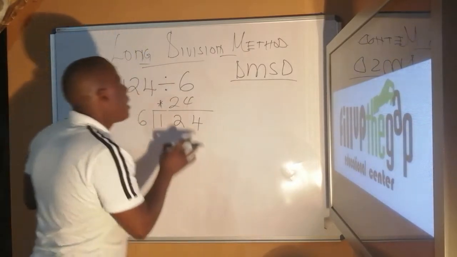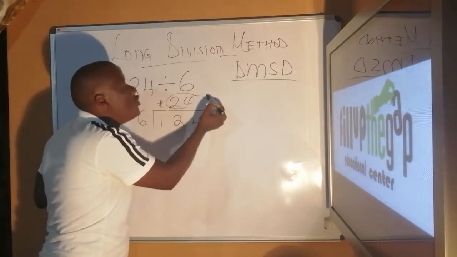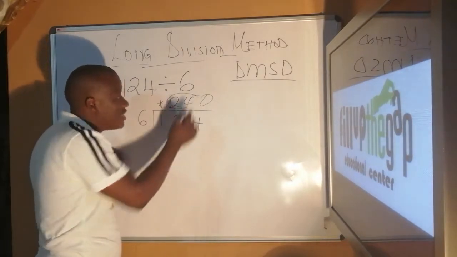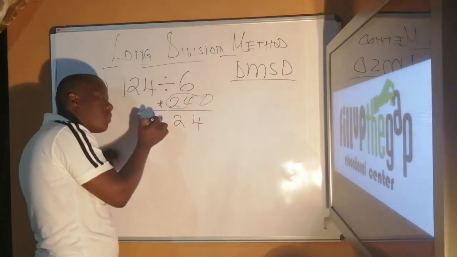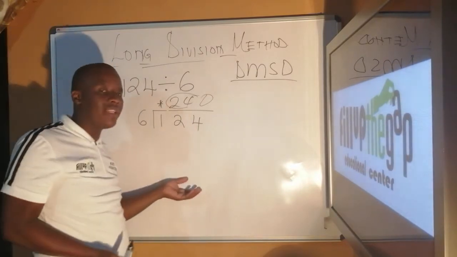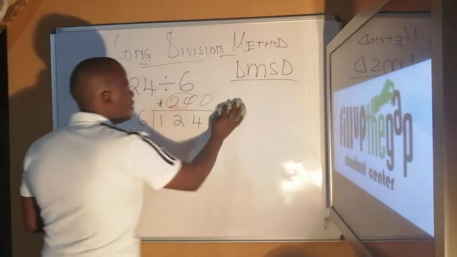But if it gives you 0 after writing certain numbers, you write that 0, multiply 0 with this number, write that 0 here and then subtract after multiplying. But we'll get into that one. Let's just continue.